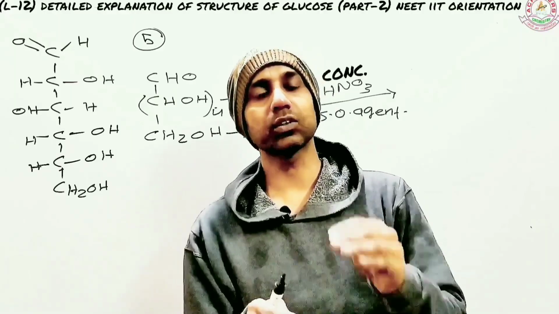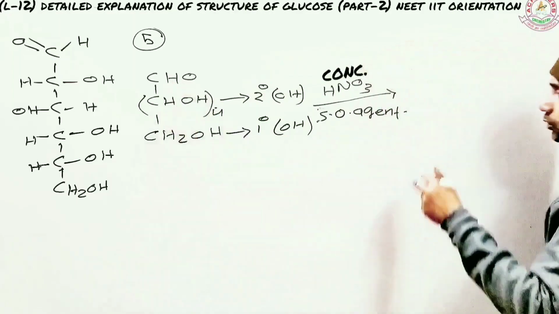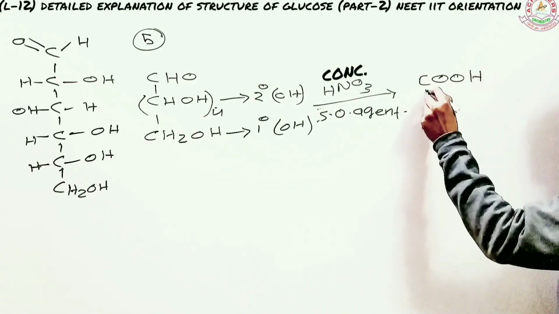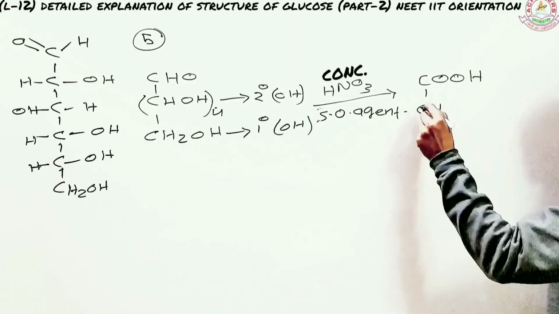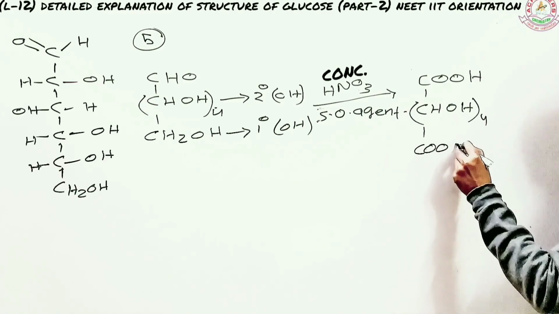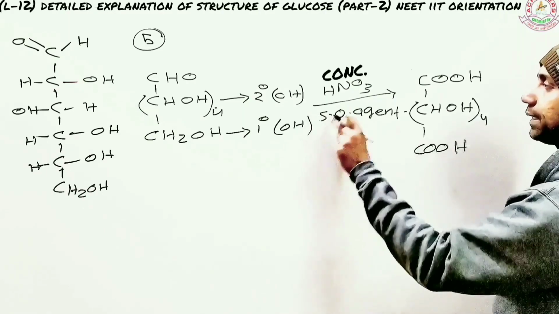So what will happen? This can oxidize the last OH, and this can also oxidize the aldehyde group. So what is going to happen here? This converts into COOH, the first one, and then you have everything else back there in the same way, CHOH whole 4. So this is also converted into an acid group, and this is only possible because we are using a strong oxidizing agent like HNO3.